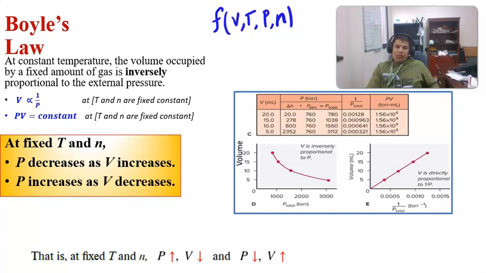That's Boyle's law. Okay, what does Boyle's law say? This law is given by Boyle. What his law says is that volume is inversely proportional to the pressure when temperature and moles are constant. Let's see that we have four variables, one, two, three, four. So Boyle's law tells about volume and pressure, sorry, and the other two are constant.